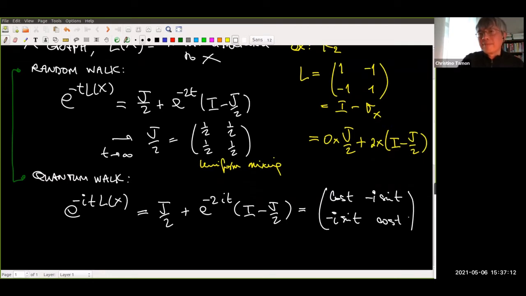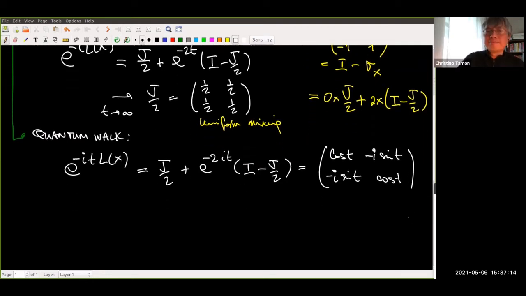Up to a phase, I think. Maybe there's some mischievous phase here, and I might be off, but please check. But we don't care about the phases because when we measure, they disappear.